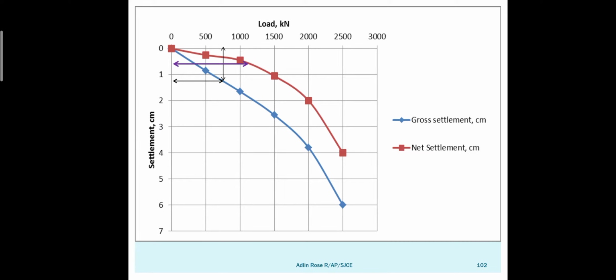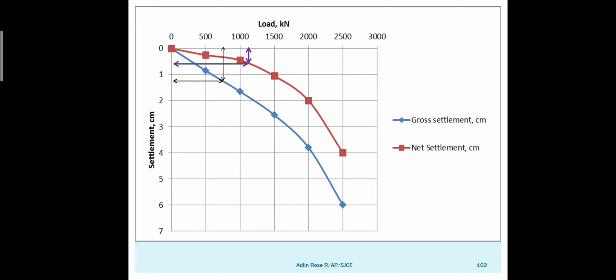Now you should go for the second method. What is the second method? The load corresponding to 6 mm net settlement. So 6 mm settlement in centimeter is 0.6 centimeter. So 0.6 centimeter settlement corresponding to net load. Net load is this curve, the red color curve. So the load corresponding to net settlement is found out, and it is something like 1100 and something.